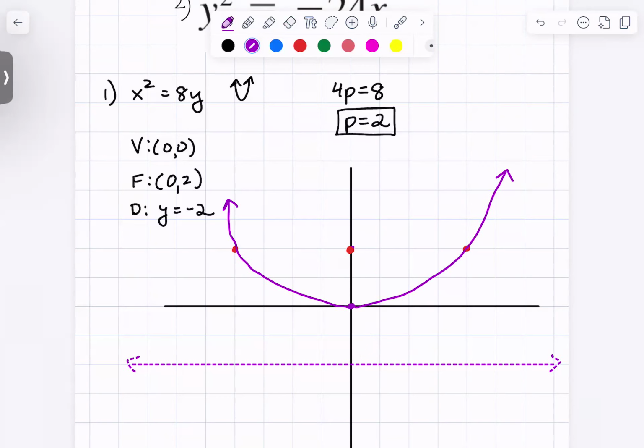Does that make sense? And here's your focus or your focal diameter. Your focal diameter is that distance, where your focus is the center of it. I spelled diameter wrong.